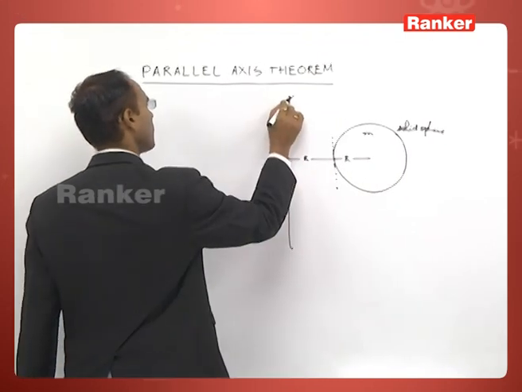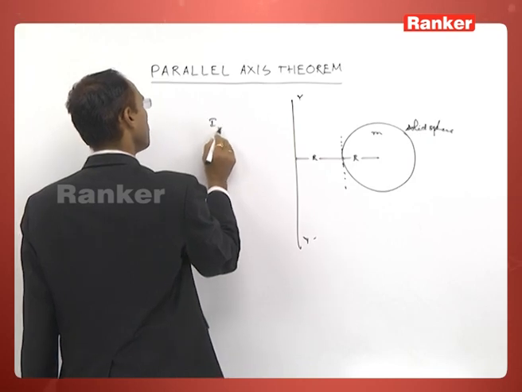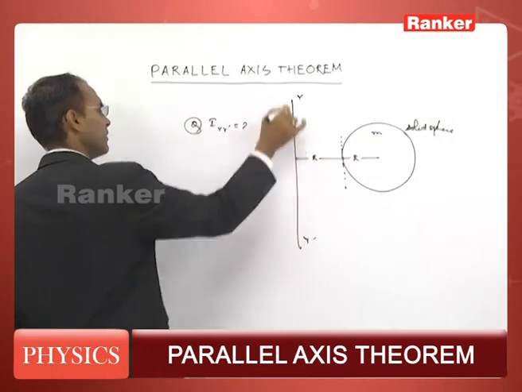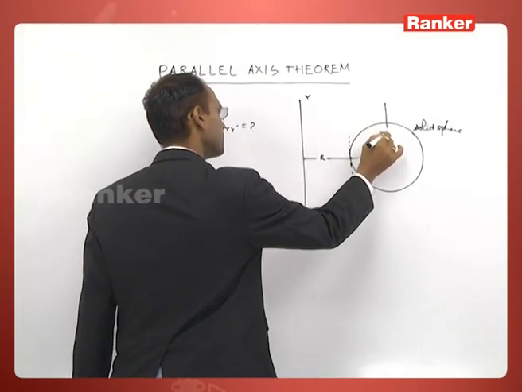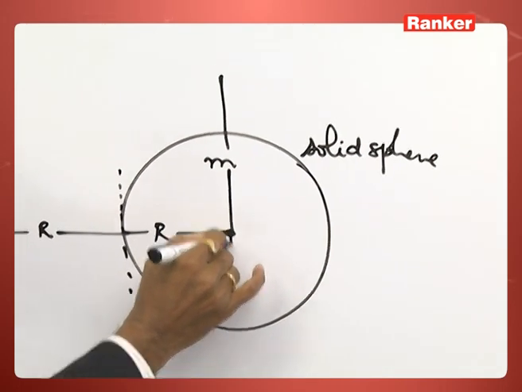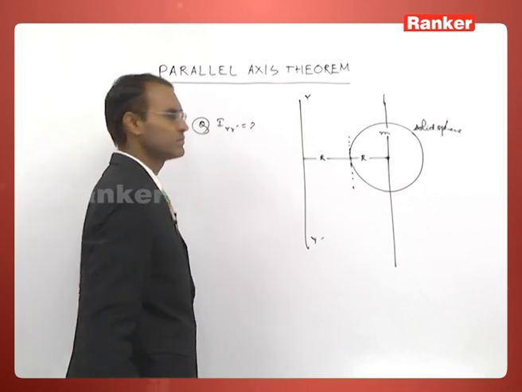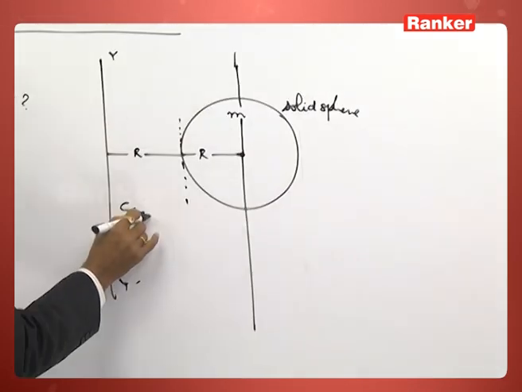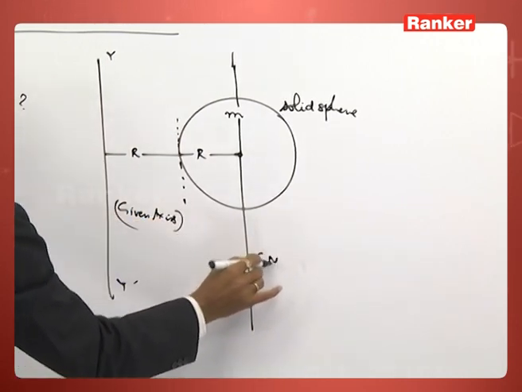How to find the moment of inertia about this axis? For this, imagine an axis which passes through the center of mass and is parallel to the given axis. This is the center of mass axis.